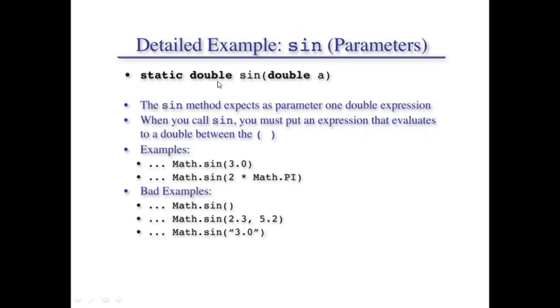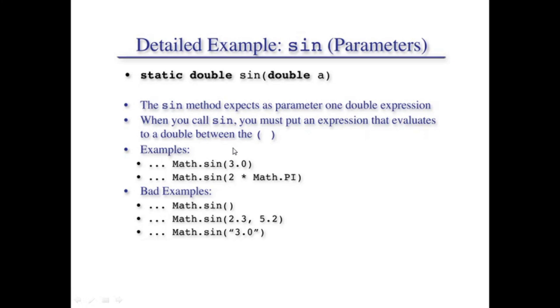Then the name of the function is sign, and it is taking just one argument, that is a double, and the name of the argument can be anything because it is a variable. So this is the example. And how can we call this?